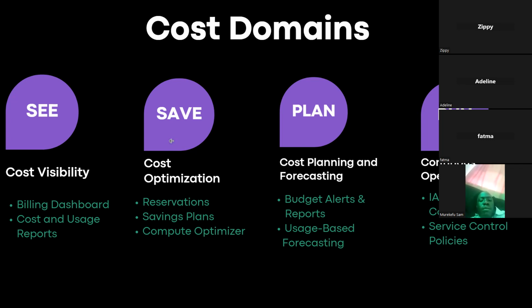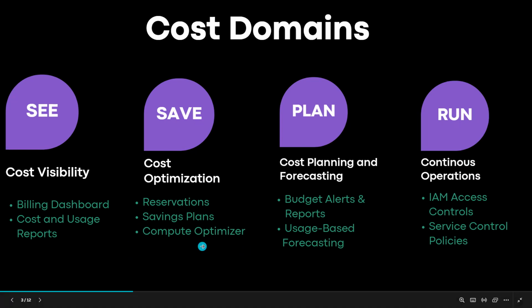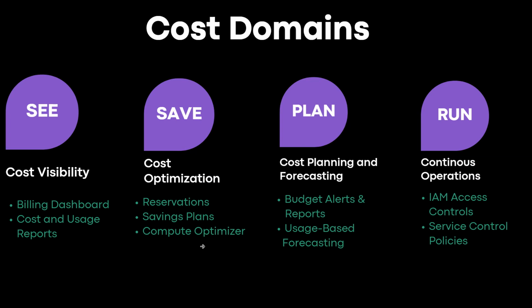So very specifically for compute services, you can purchase reservations, you can use savings plans, or you can also utilize a service called Compute Optimizer, which essentially assesses your compute services and gives you recommendations on how to actually run them optimally.